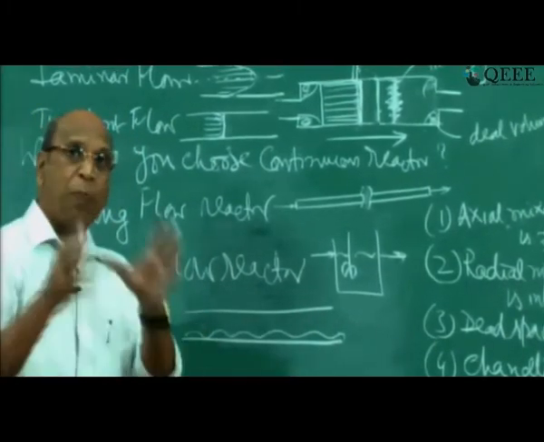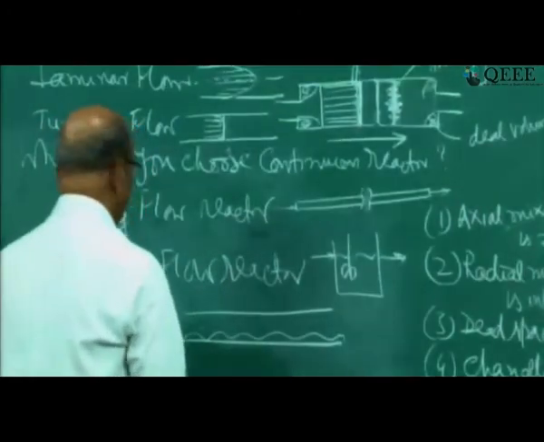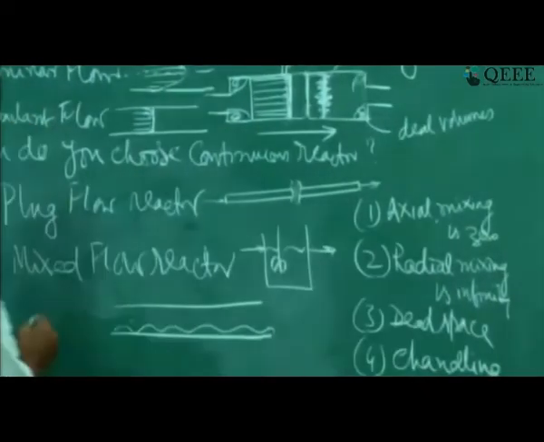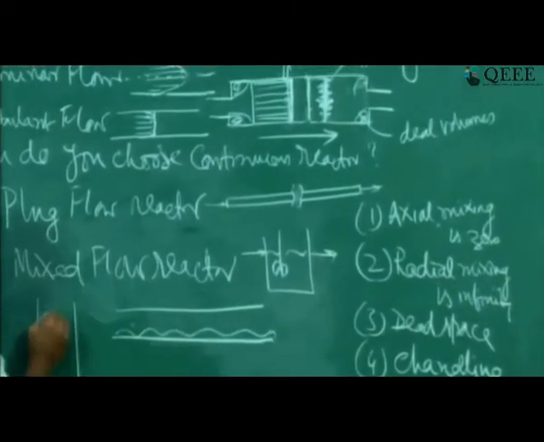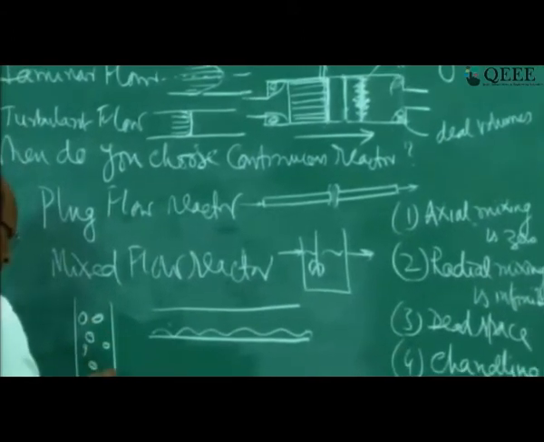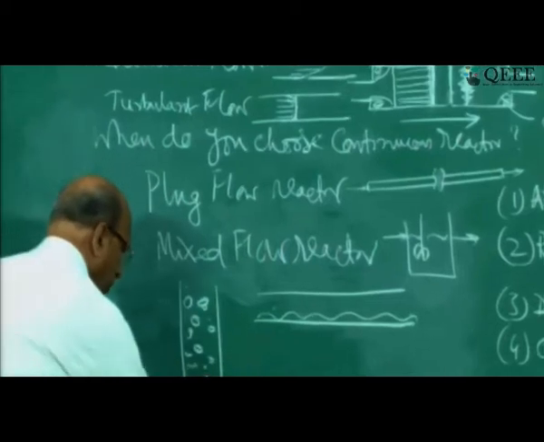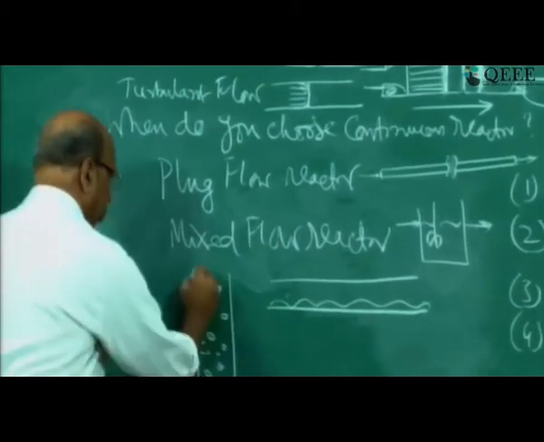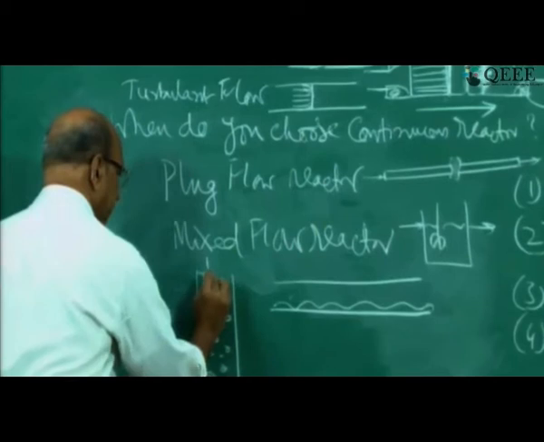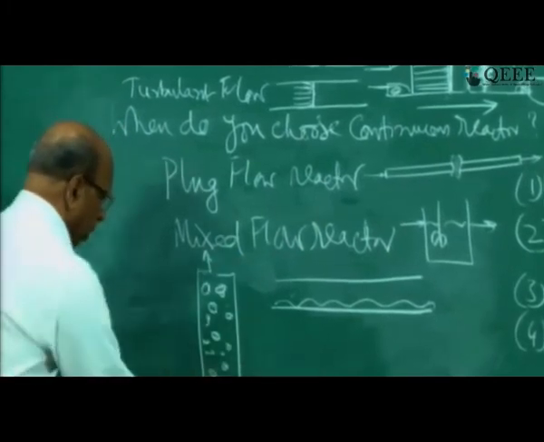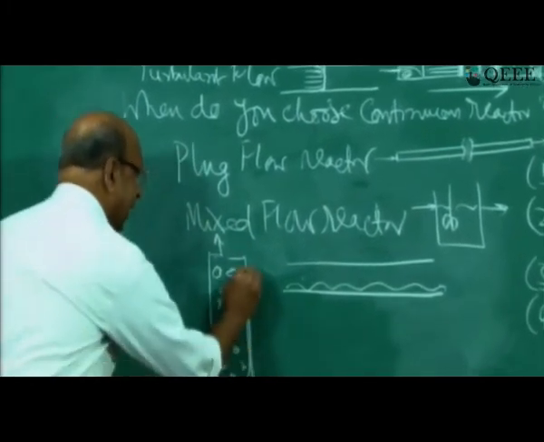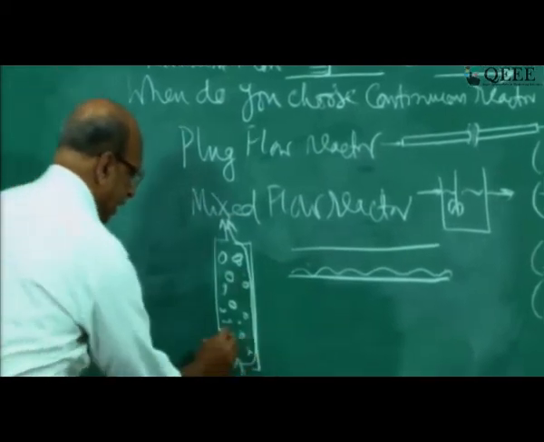Now when you have a packed bed, I will write here, this is the packed bed. You should have seen these packed beds in the lab. You have the flow entering, flow coming out. If it is going like this, that is channeling. Actually it has to go like this.